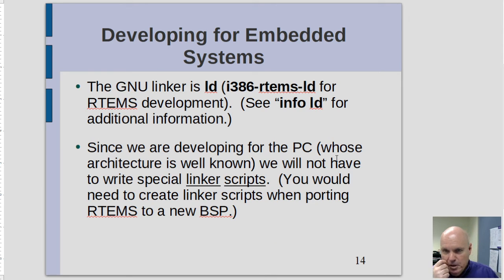The particular linker we're using is called LD. Of course, for our RTEMS, it's i386 RTEMS LD. And again, since we're developing for the PC, we don't have to write any special linker scripts.